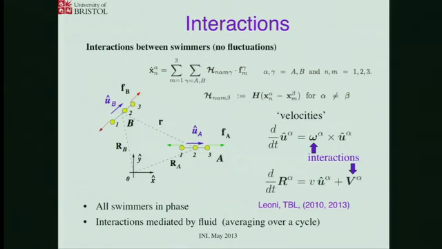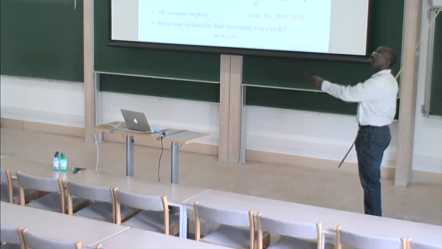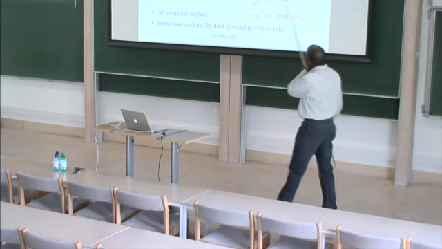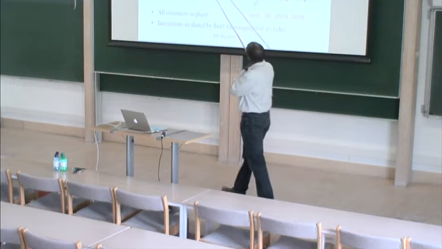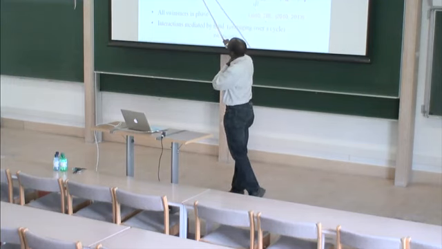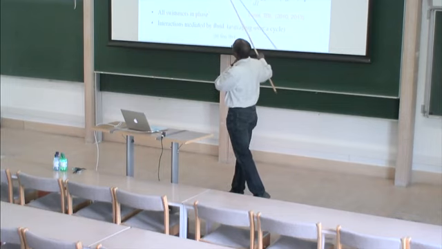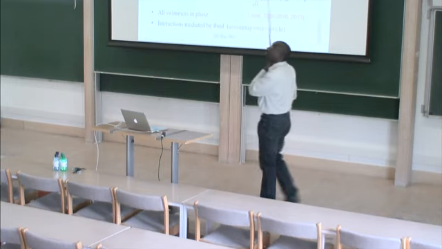So for example, let's take the 3-bead swimmer. We have a bunch of beads with forces on them. So we can write down the solution to the Stokes equation which is appropriate to that, and we can calculate the velocity field as a function of the time dependence of the force. The way we do this is an expansion in the ratio of the size of the objects to their separation.